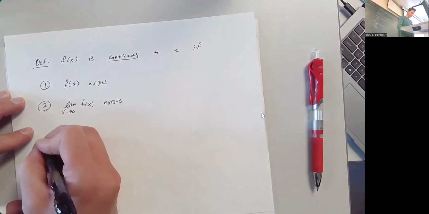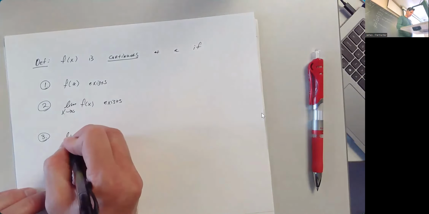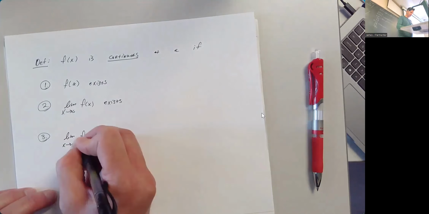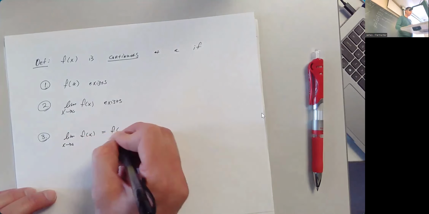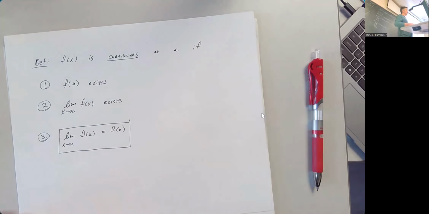And 3, which requires the first 2 parts to be true, the limit as x approaches a of f of x is equal to f of a. This is all you really need to say that a function is continuous at a point.